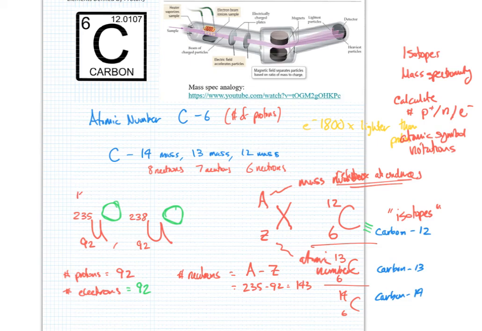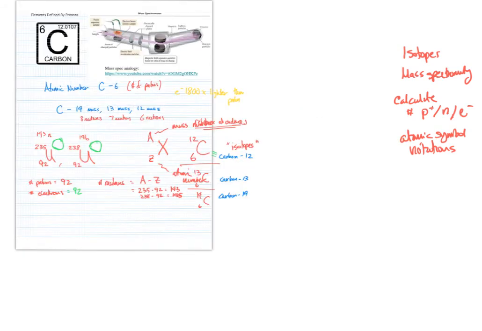So this one has 143 neutrons, and the other one is 238 minus 92, which is 146 neutrons. All right, so using this type of notation, we can find protons, electrons, and neutrons from these element symbols.